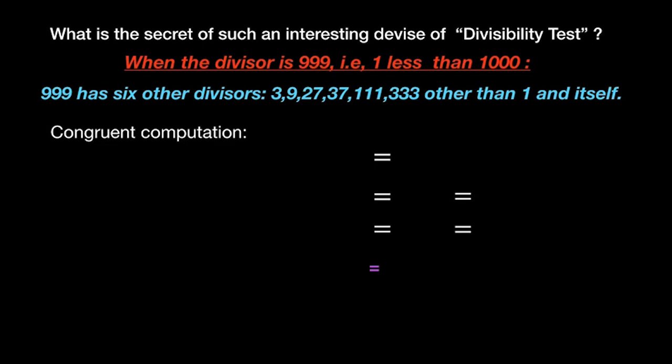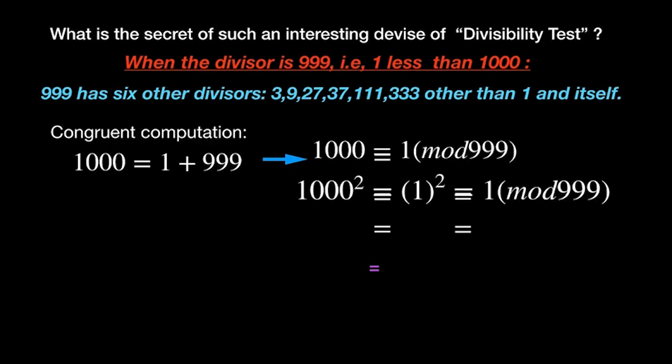Now, in congruent computation, we can write 1000 equal to 1 plus 999, and in congruent arithmetic it can be written like this: 1000 congruent 1 mod 999. That means if the number 1000 is divided by 999, then 1 will be the remainder.